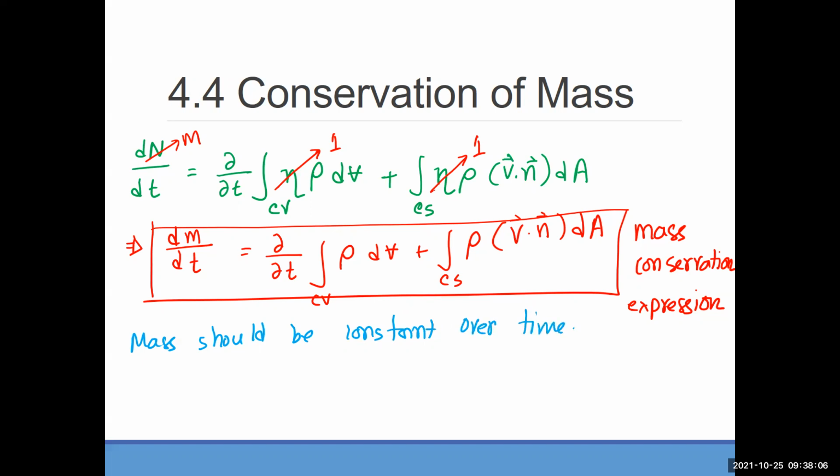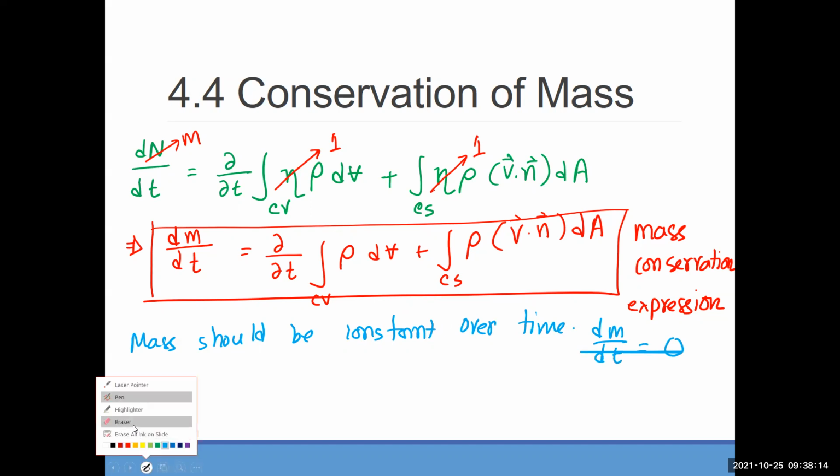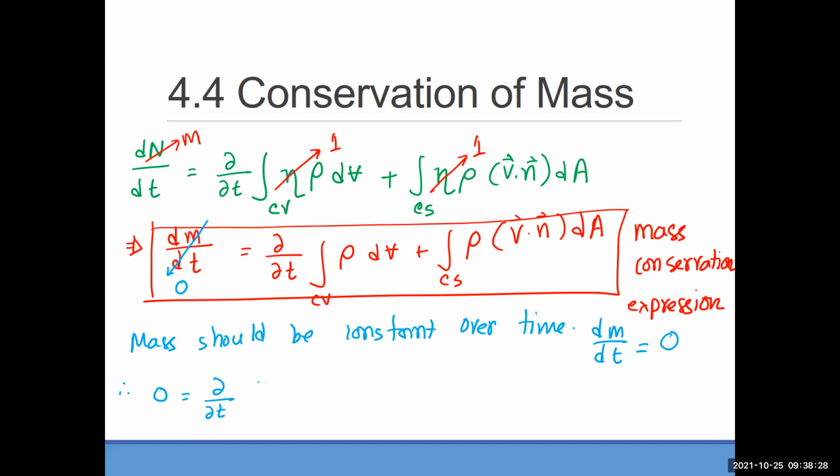That means there is no change of mass over time, dm over dt will be 0, right? So this whole term you can consider 0, and 0 equals d over dt CV.